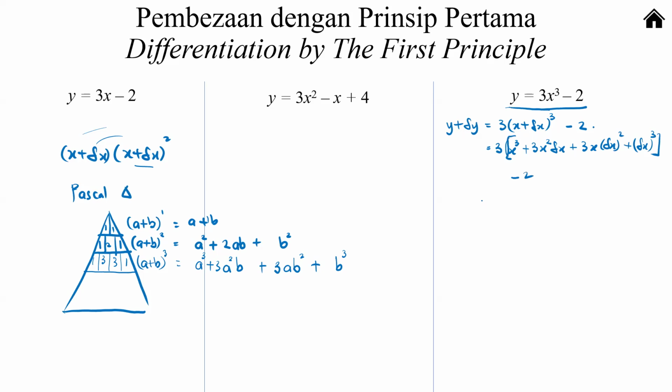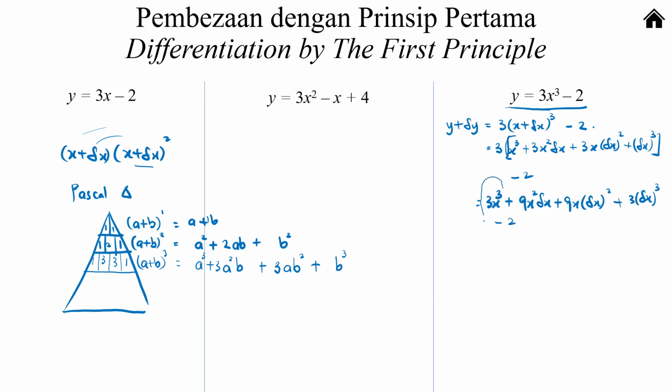Open up the bracket. We have 3x cubed plus 9x squared delta x plus 9x delta x squared plus 3 delta x cubed minus 2.